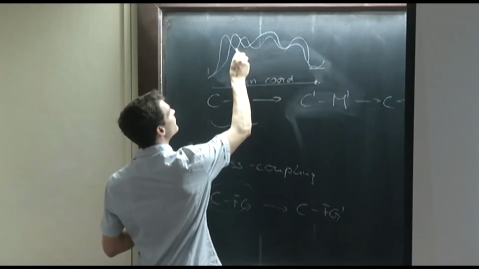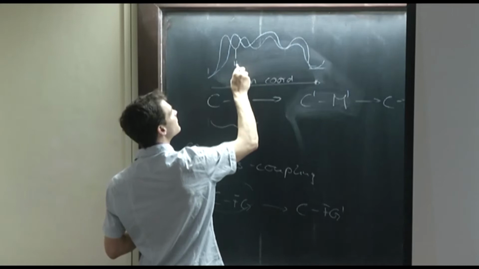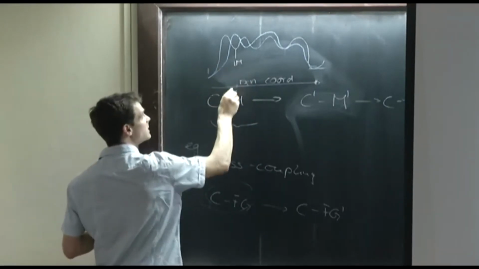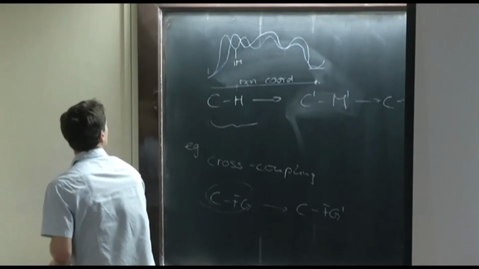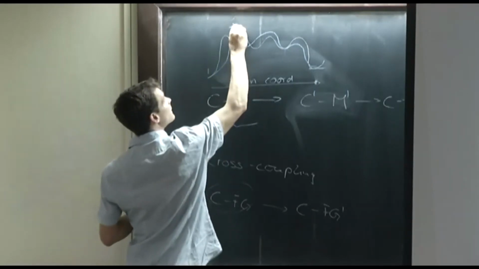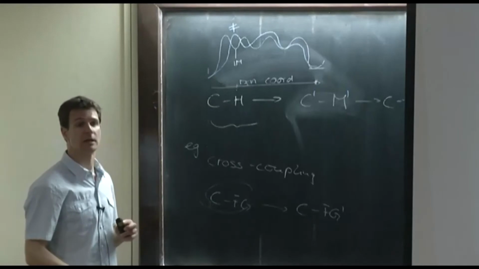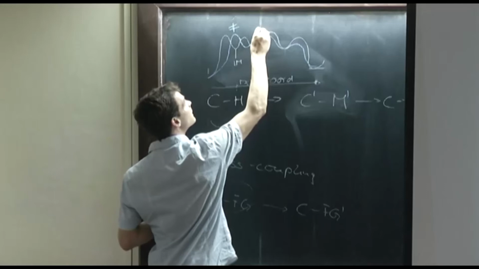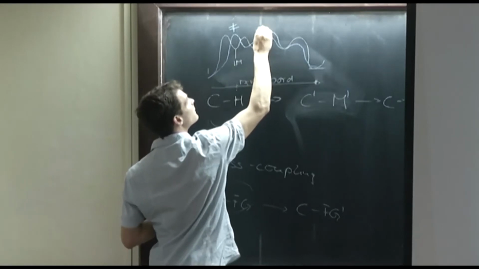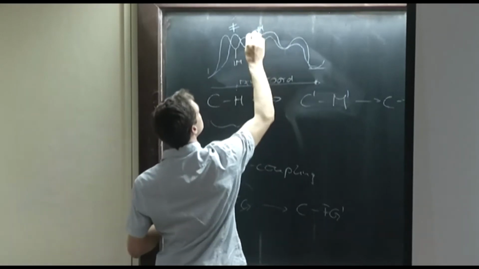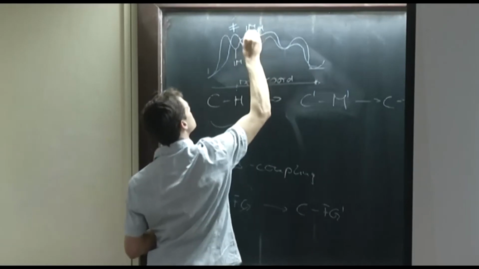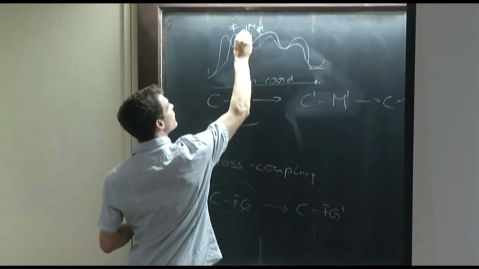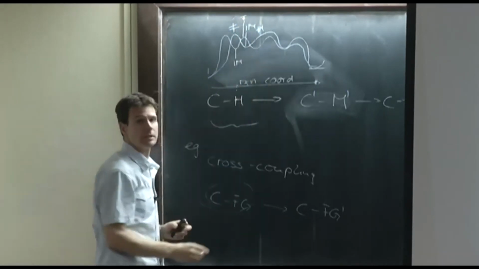But you see, this one here is an intermediate at this stage of the reaction. Well, for this metal, it's a transition state, and the other way around. Here we're close to an intermediate. Here we are at the intermediate stage. While for this one here it's a transition state.